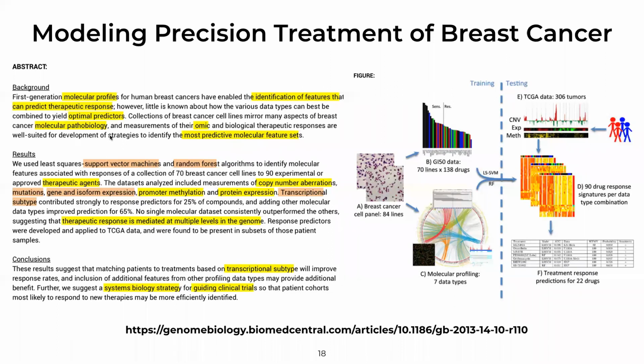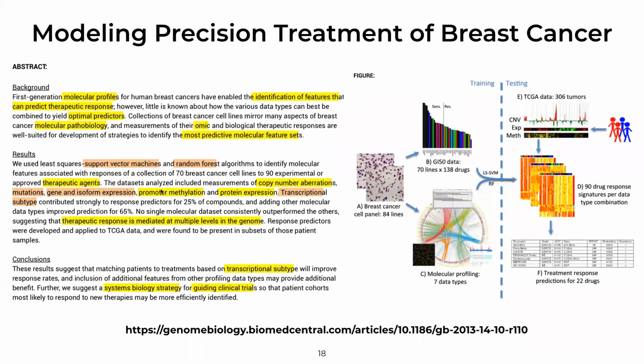So you can see that in the results, the orange color indicates some of the technical methods, and the yellow color indicates some of the conceptual level for us to understand what they were doing. So they used least squares, support vector machines, random forest, copy number, aberrations, mutations, gene and isoform expression.